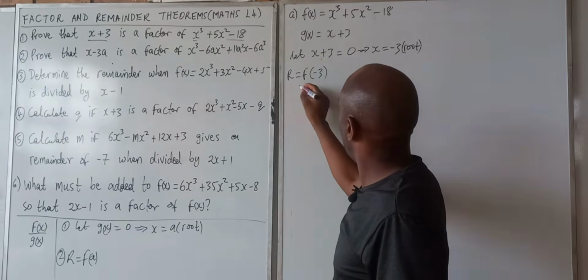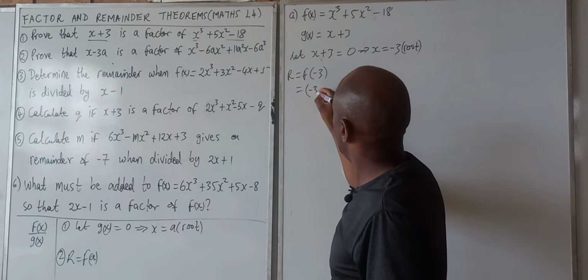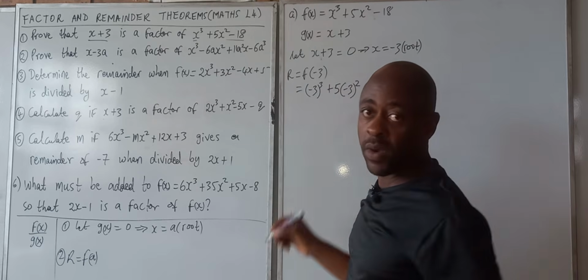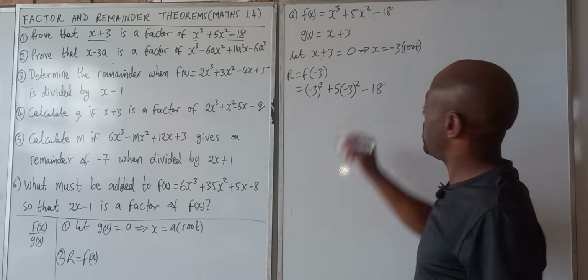So I will then do my calculation. In the place of x there, I'm putting -3 plus 5 into -3 squared minus 18.